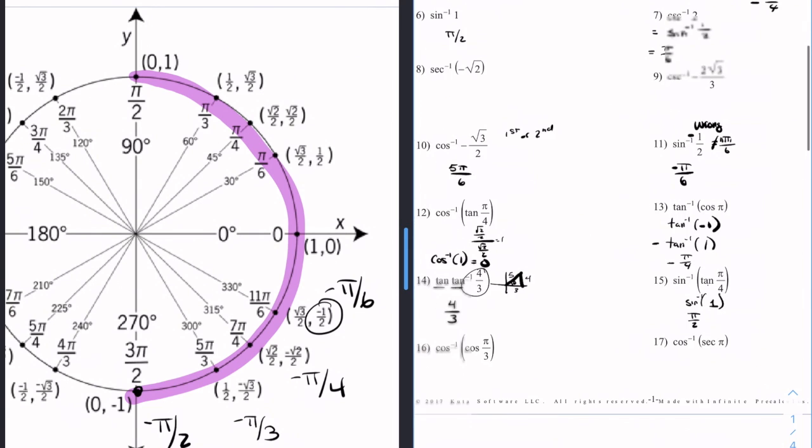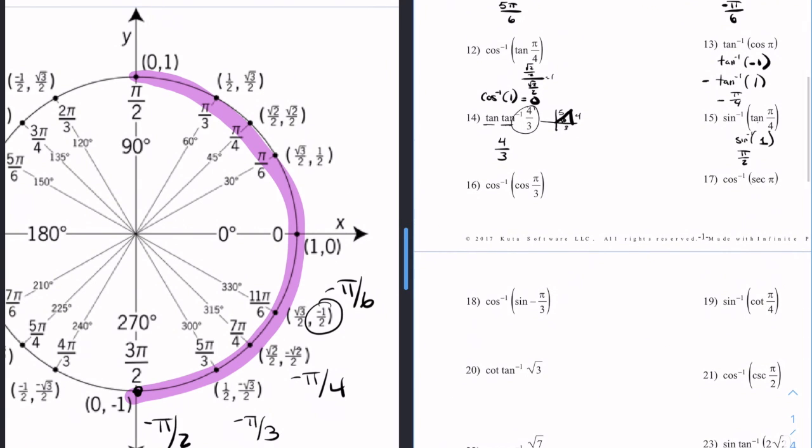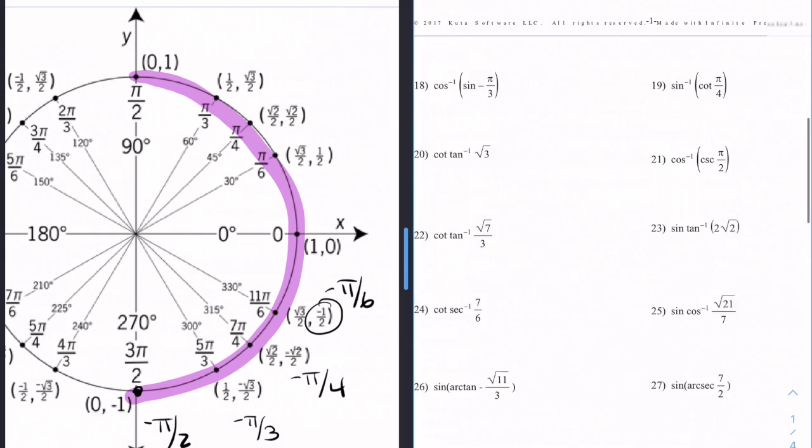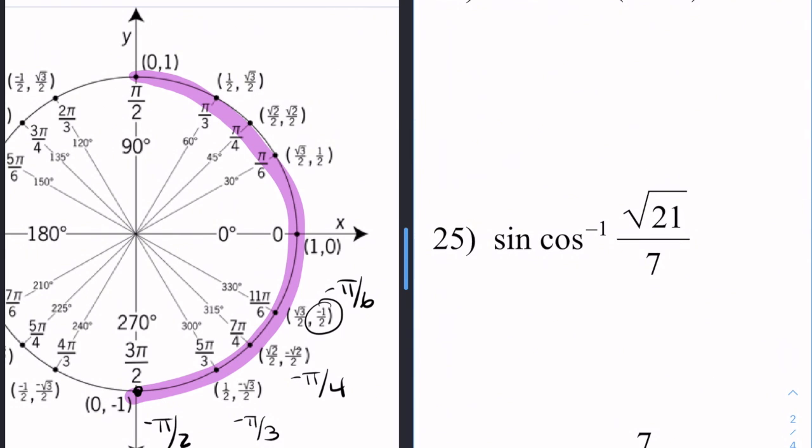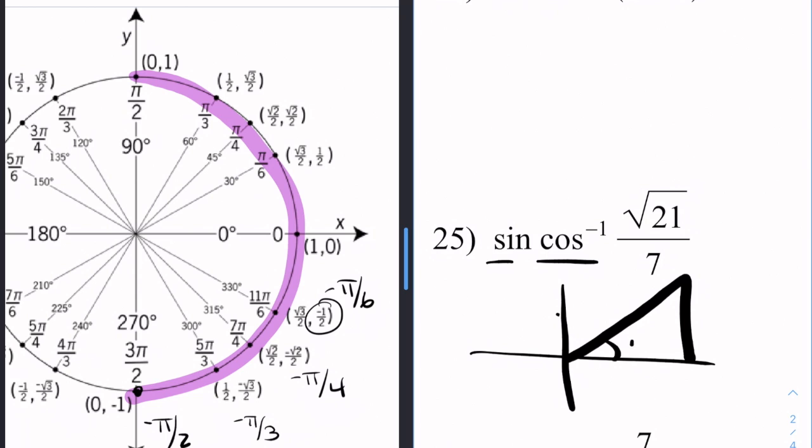But let's say we have something that's not on our triangle or on our unit circle. So in this case, here's our sine of inverse cosine of root 21 over 7. So we go triangle, first quadrant because it's positive.